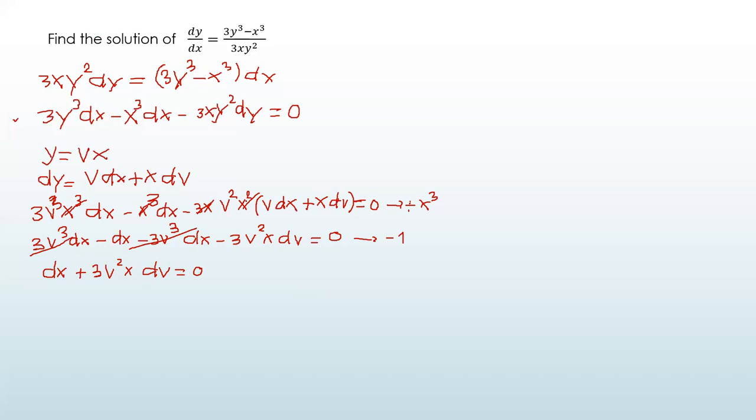Okay, and the next step, divided by x, it becomes dx over x plus 3 v squared dv equals 0.